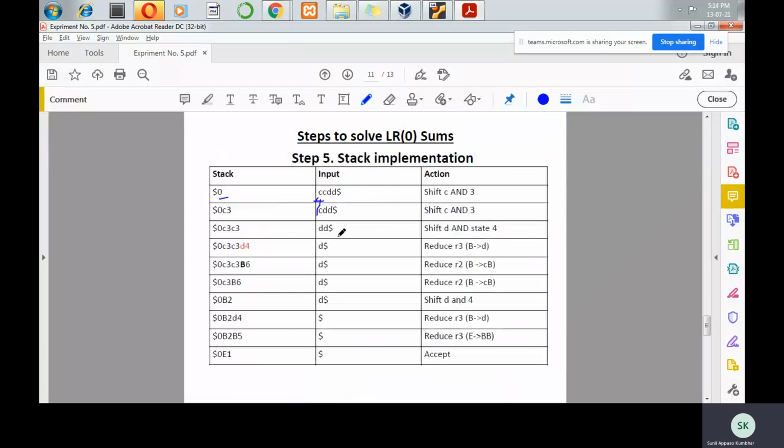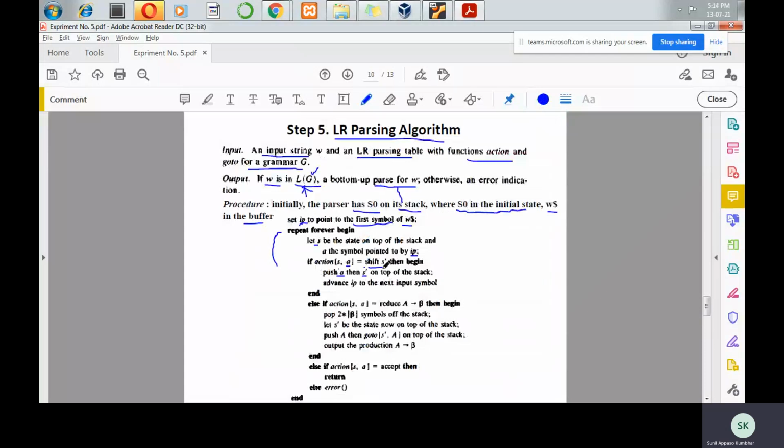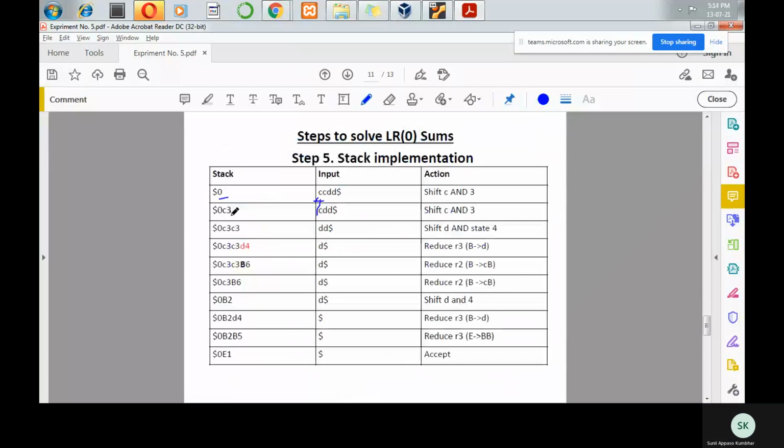Similarly, 3 and C, again it is a shift entry. So we shall perform the same task. First C will be pushed and then 3 will be pushed, because 3 is the destination state.